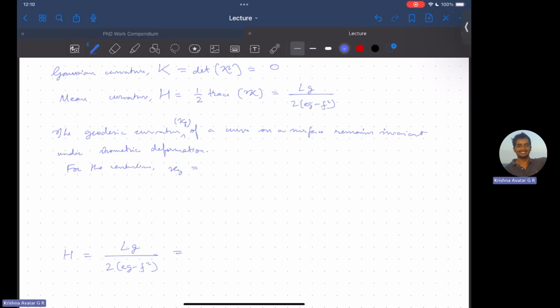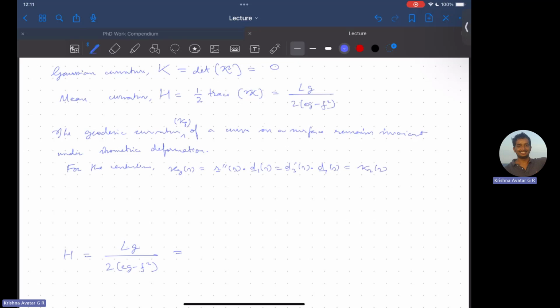Kappa g of S is equal to r double prime of S dot d1 of S. This is how the definition goes, d3 prime of S dot d1 of S, and this comes out to be kappa 2.